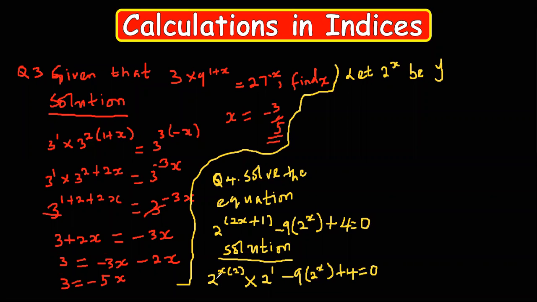So we have here y squared because of these 2, y squared times 2 minus 9 brackets another y, because this is 2 to the power of x, plus 4 equal to 0.